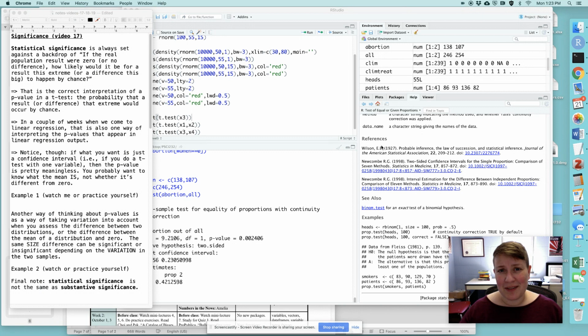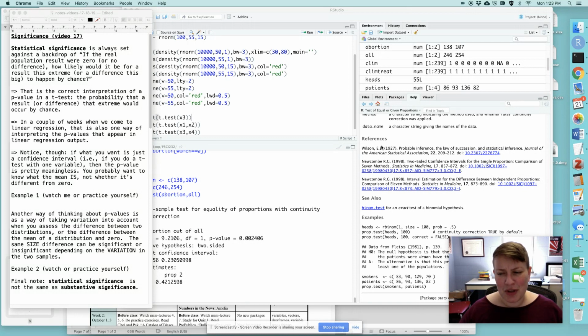The thing I'll say about it, though, is that it can be a little confusing if what you really want is just a confidence interval. If you just want a confidence interval and you use the t-test function for that, you're going to see a p-value that's absurd, 2 to the -16th or something bonkers like that. And the reason for that is, well, you really want the confidence interval.